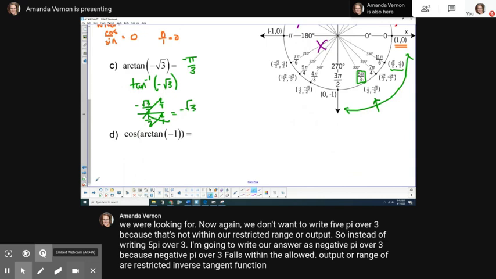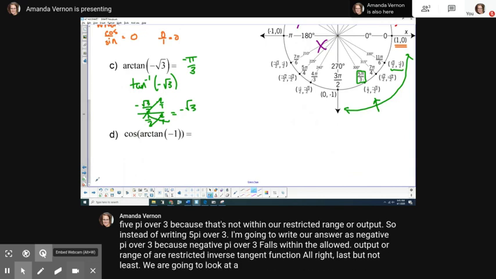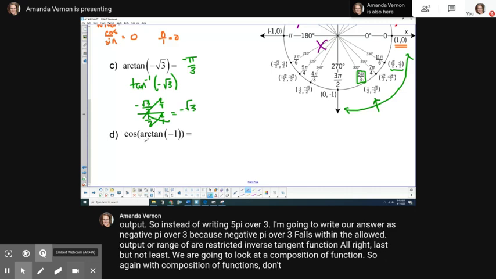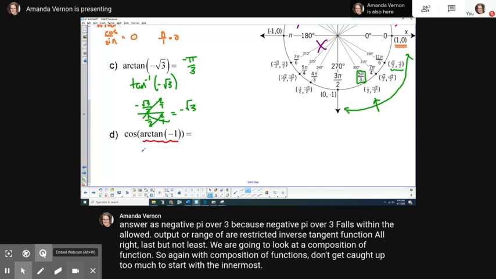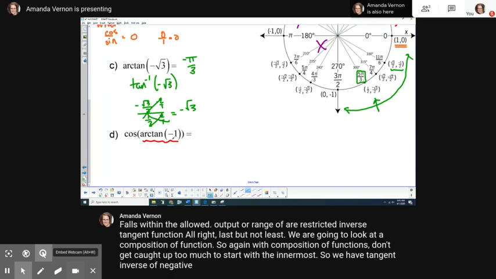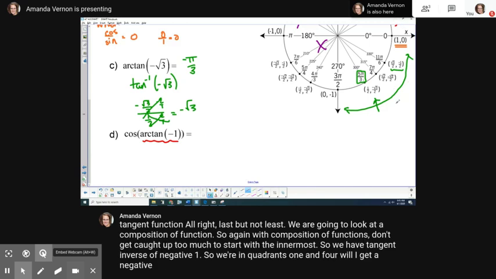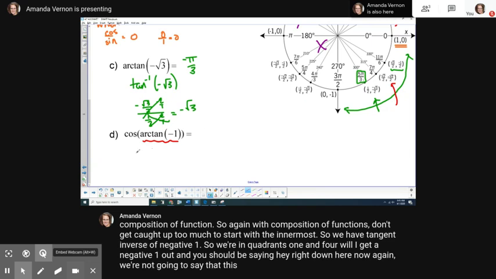All right, last but not least, we are going to look at a composition of functions. So again, with composition of functions, don't get caught up too much. Just start with the innermost. So we have tangent inverse of -1. So where in quadrants 1 and 4 will I get a -1 out? And you should be saying, hey, right down here. Now again, we're not going to say that this is 7 pi over 4.